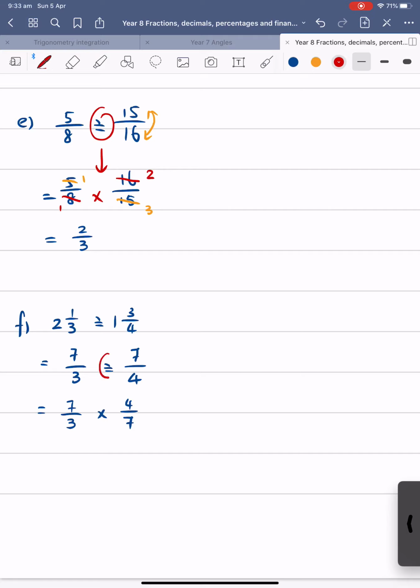So this division becomes multiplication, and 7 over 4 becomes 4 over 7. Now we can simplify. 7 and 7 cross out, becoming 1 and 1. Then we just multiply 4 and 1 together, and 3 and 1 together to form the final answer, which is 4 over 3. So this is division and multiplication for fractions.